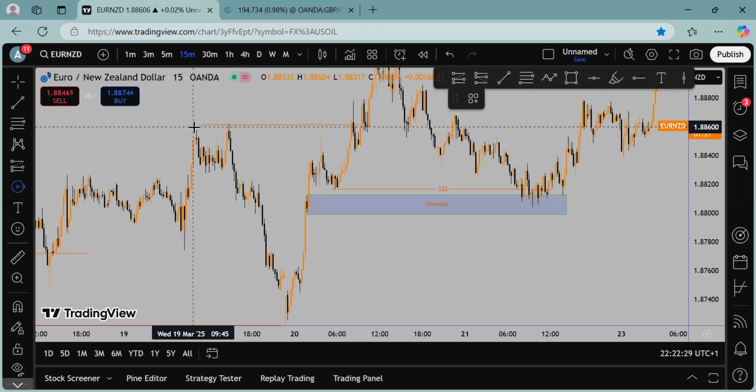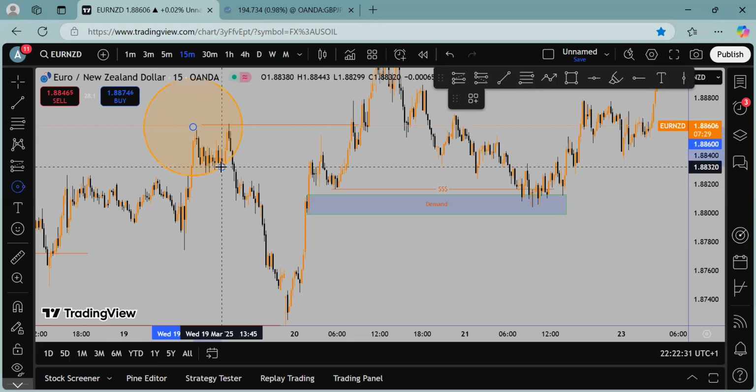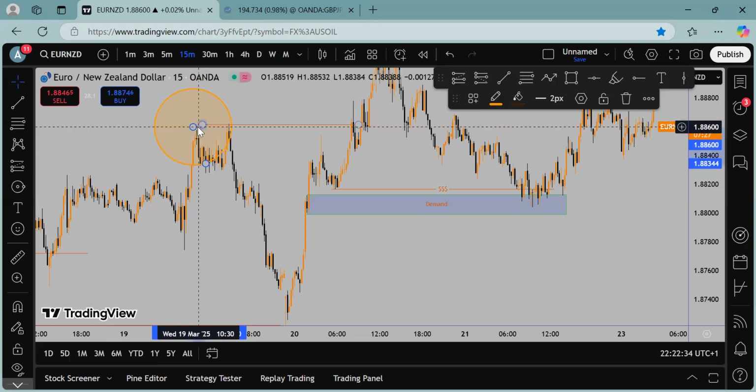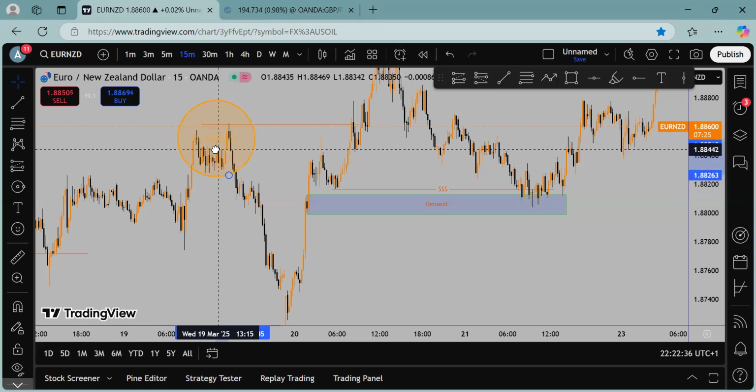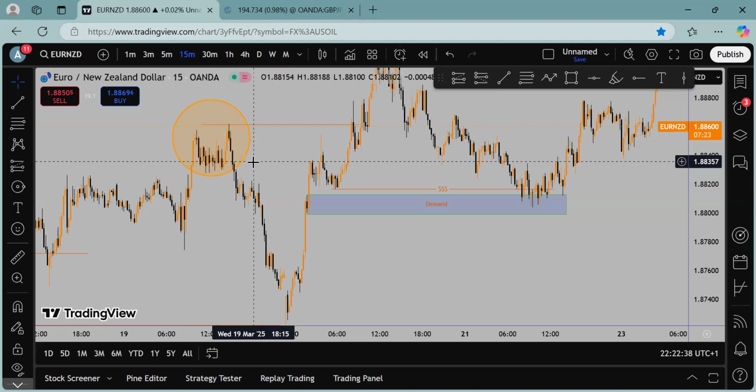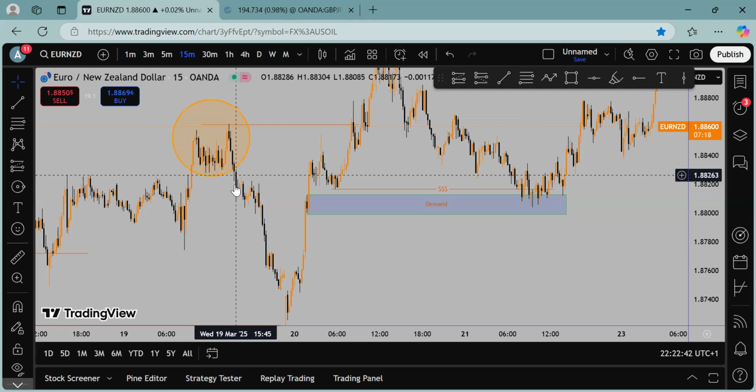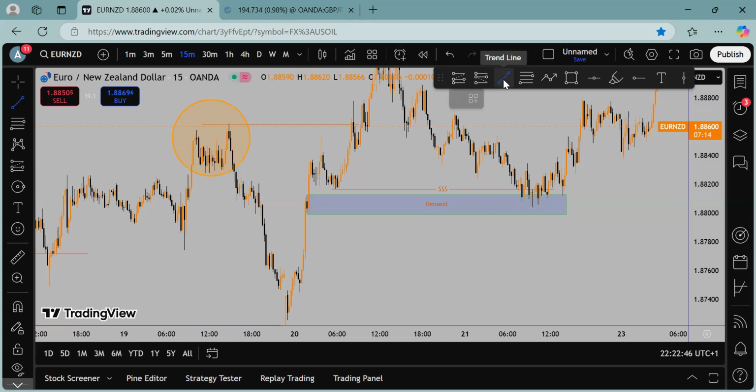This is a breaker block now. Look at it. You see, it created this, then it broke out like this. So as it broke out, what you are expecting is that the trade should not pass this particular zone.